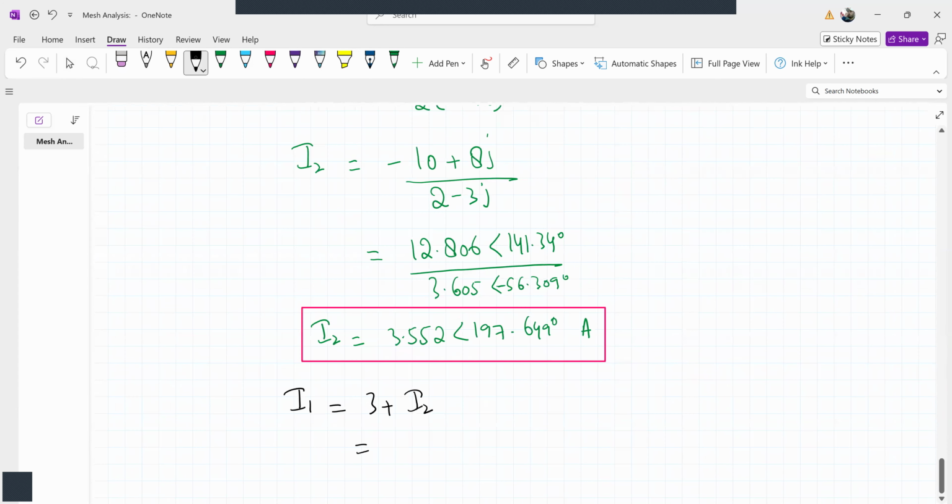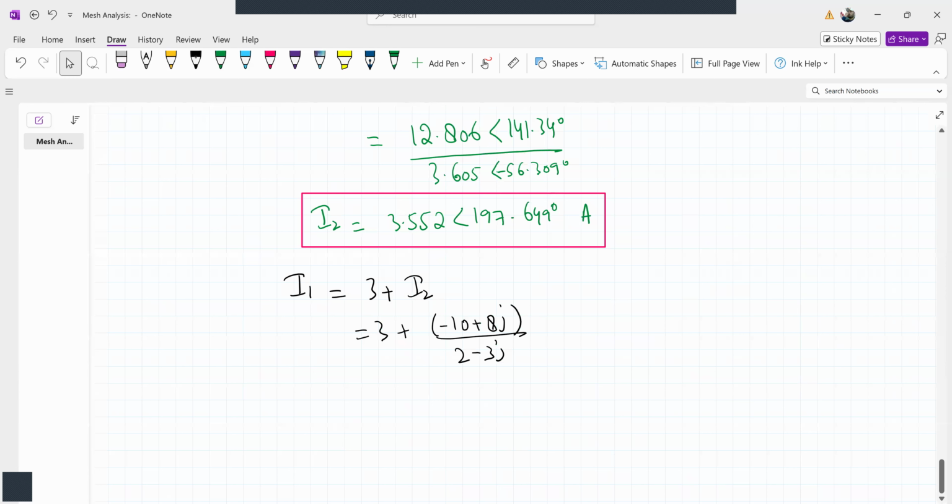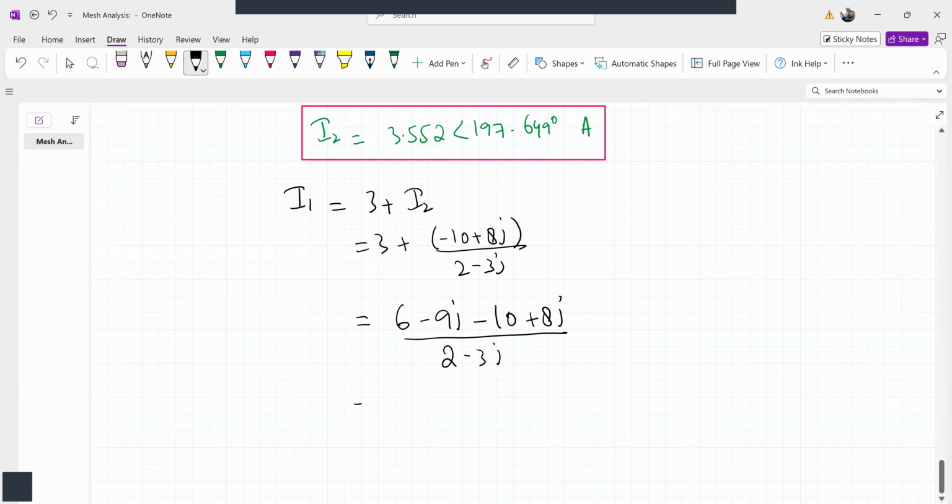So 3 plus (minus 10 plus 8j) divided by 2 minus 3j. If you simplify this, it will be 6 minus 9j minus 10 plus 8j divided by 2 minus 3j. So if you simplify this, this will be minus 4 minus j divided by 2 minus 3j.